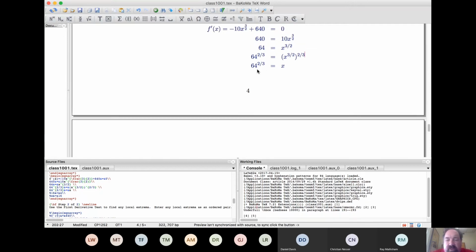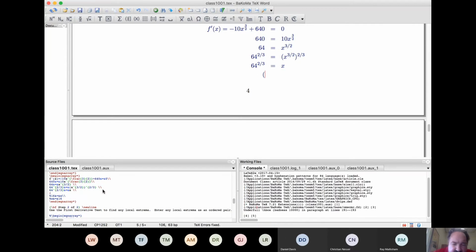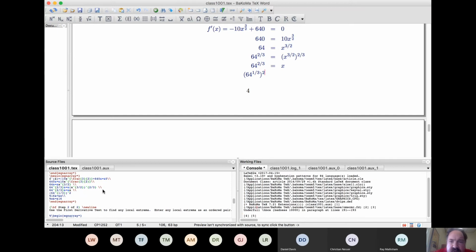All right, so x is 64 to the 2/3. Now, yes, you can just go ahead and work that out on your calculator. It does happen to work out nicely in this case because that's the same as 64 raised to the 1/3 power, squared.